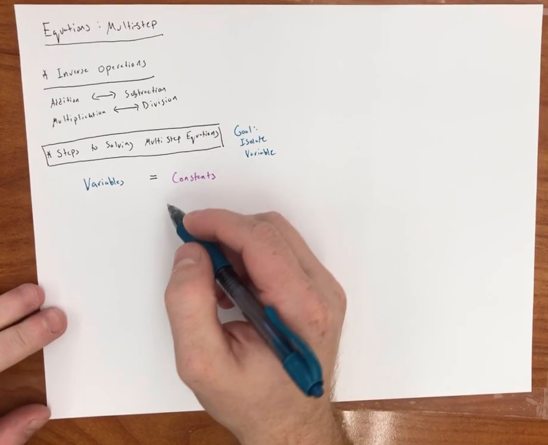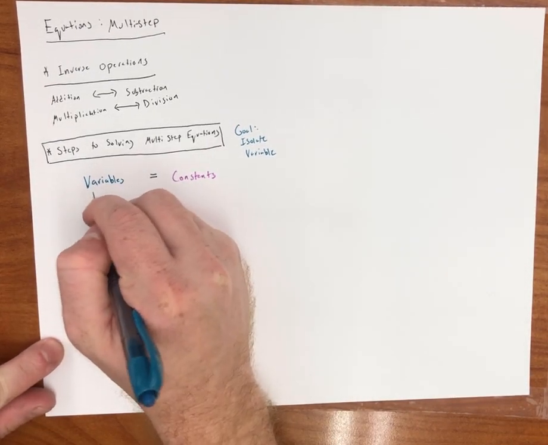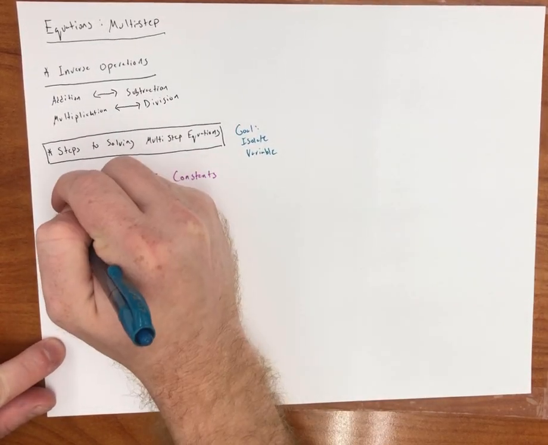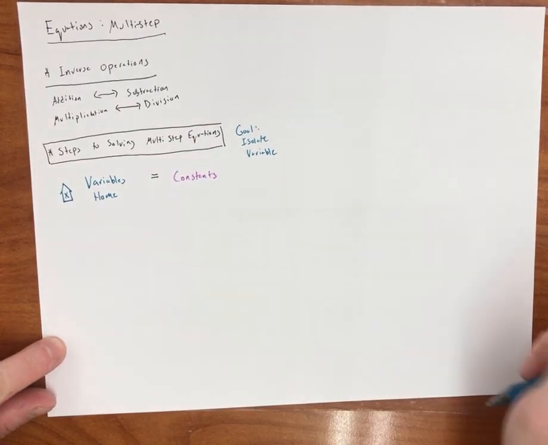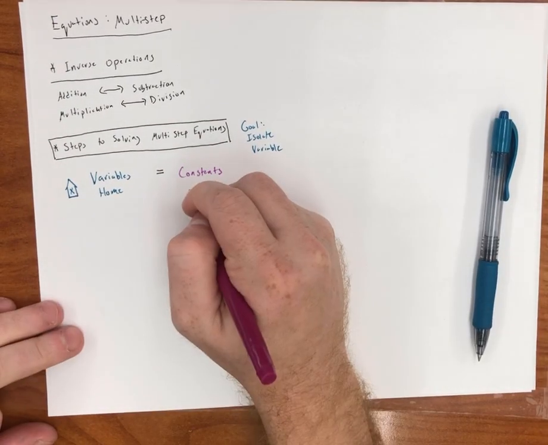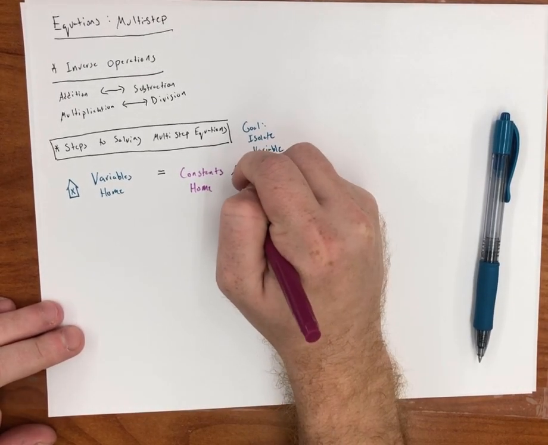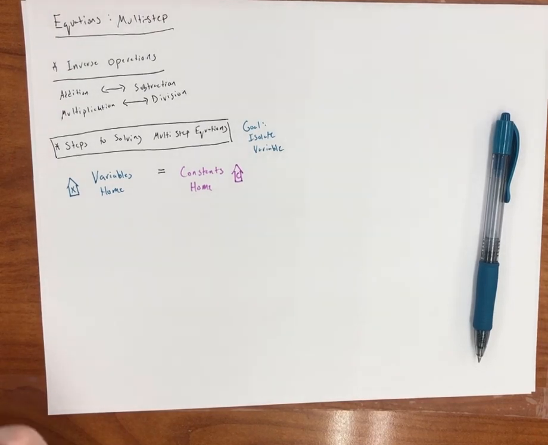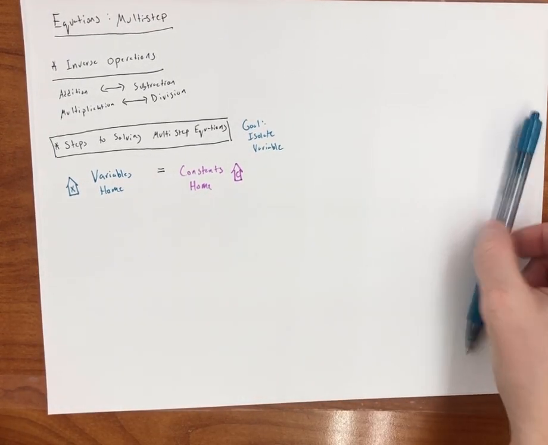Variables have a home, so we can call it the house of x if you would like. And we have our constants that have a home, which we can call the house of c. So our constants and our variable: variables to the left, constants to the right.